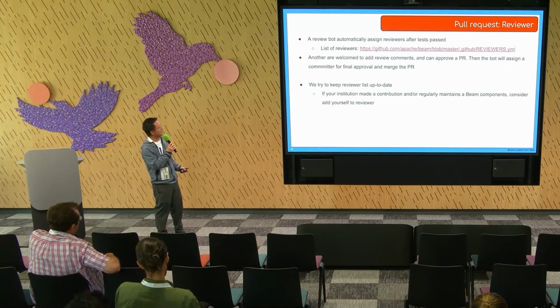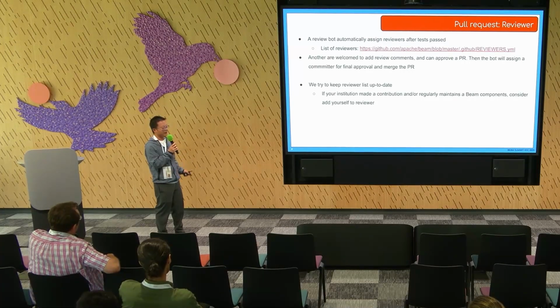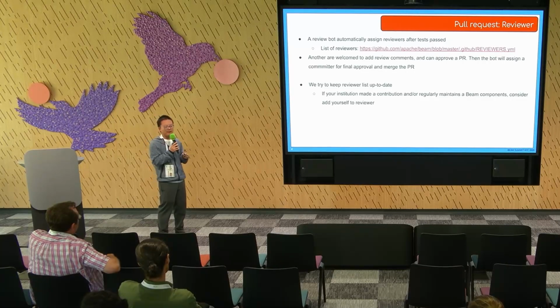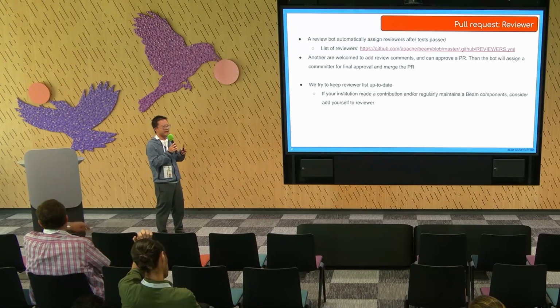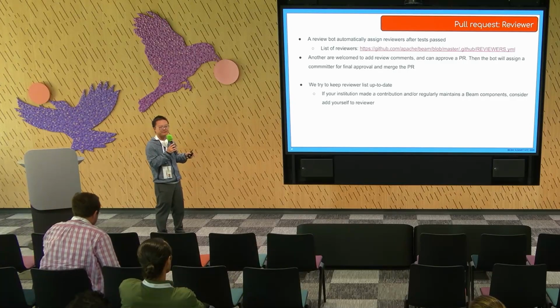For the reviewer part, all the code checked in to the Beam repo goes through the code review process. What I want to highlight here is that anyone can be a reviewer. Very often we have external partners checking in an IO for their own company, and they do the review in that same pull request.